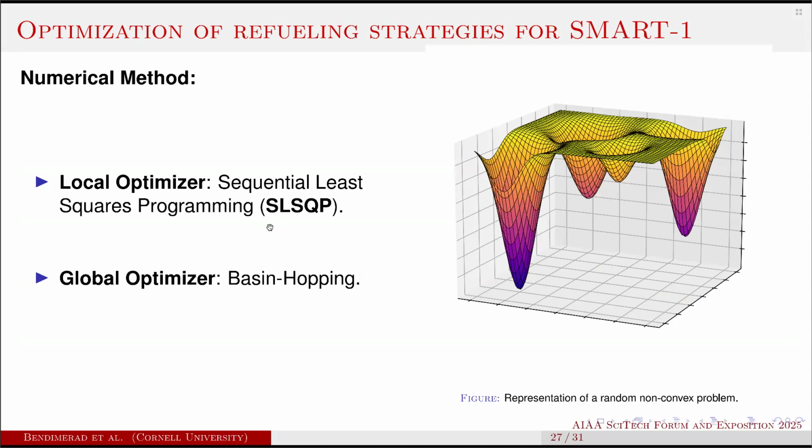In this case, we use the basin hopping algorithm. So this algorithm jumps or hops between the basins. So it jumps across all the local minima, and then it gives you the minimum of all the minima. So we use these two optimizers in order to calculate our optimization problem.